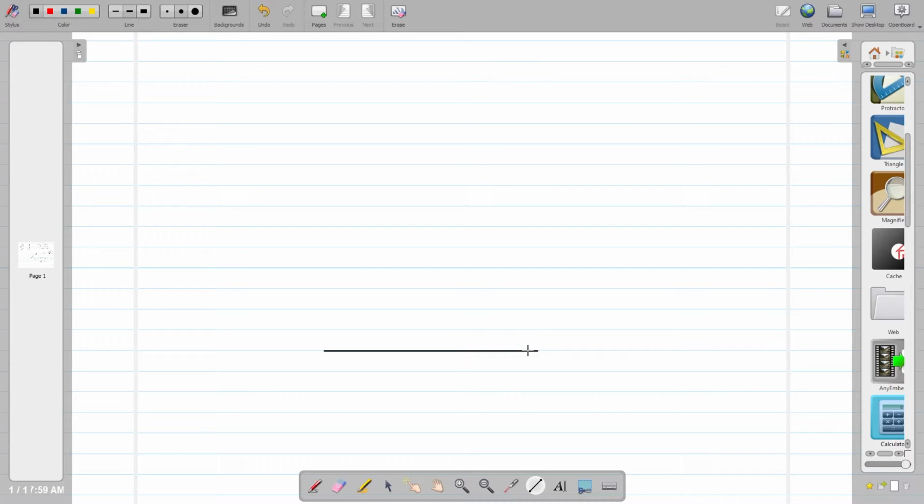If you have your triangle. These straight line tools are wondrous. All right, we have our triangle. We have our 90-degree angle.